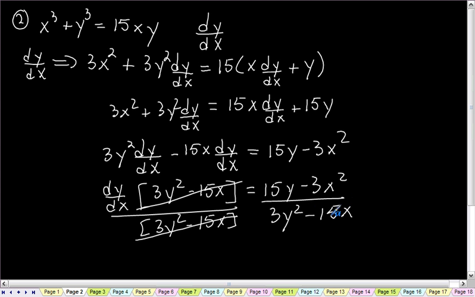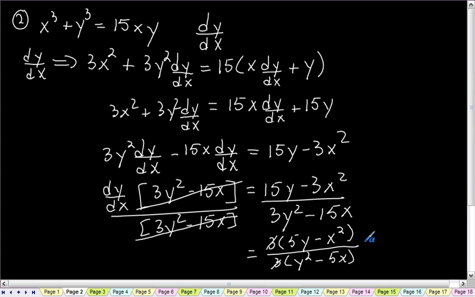Now, to be honest, I can't do anything here, except I can pull out a 3 from both the top and the bottom. If I pull out 3 on the top, I'm left with 5y minus x squared. If I pull out a 3 from the bottom, I'm left with y squared minus 5x. Notice the 3 on the top cancels the 3 on the bottom.